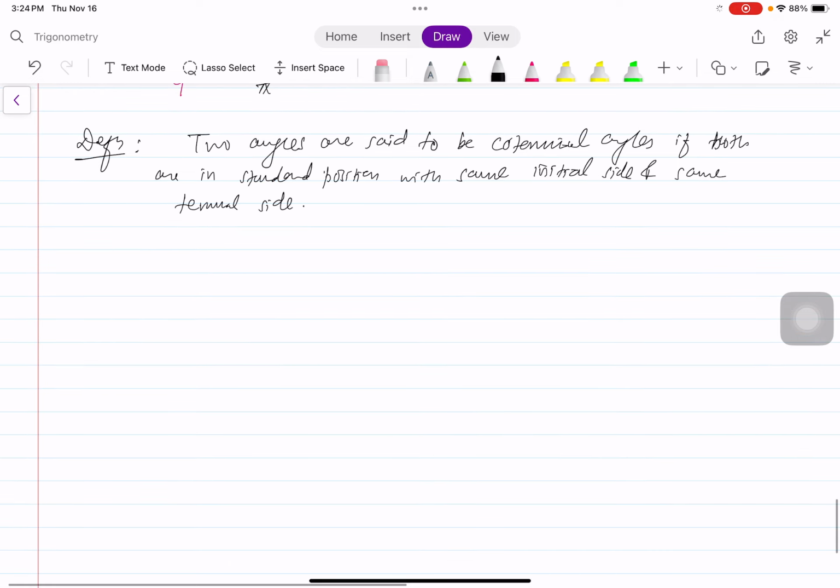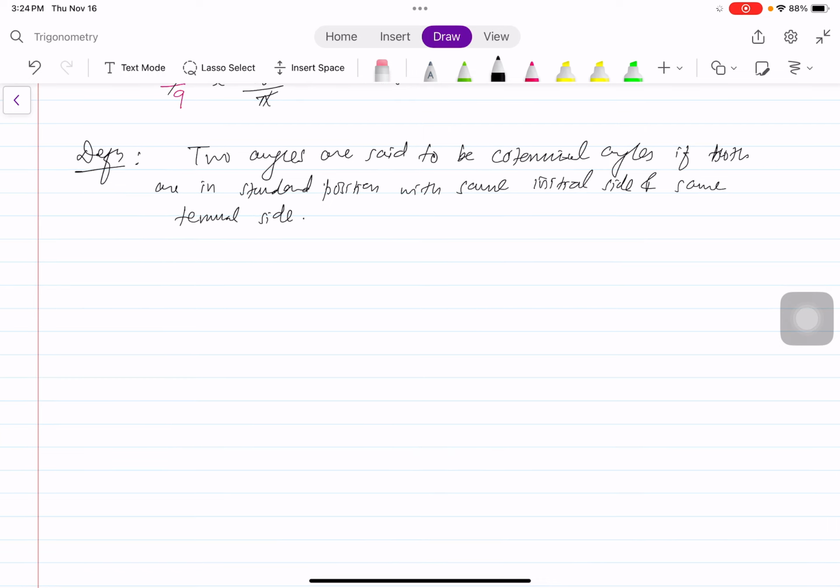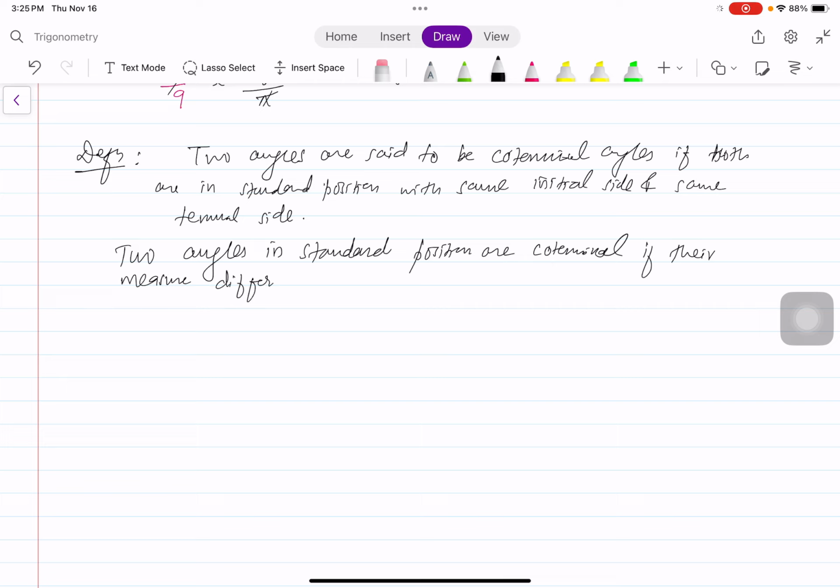Before the example, let's make one important point here. Two angles in standard position are coterminal if their measures differ by a multiple of 360 degrees or 2 pi radians.